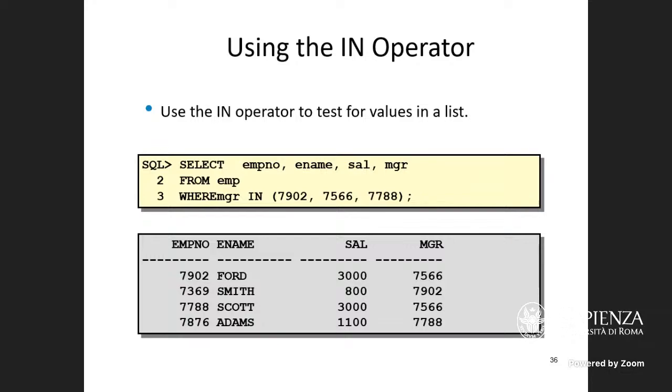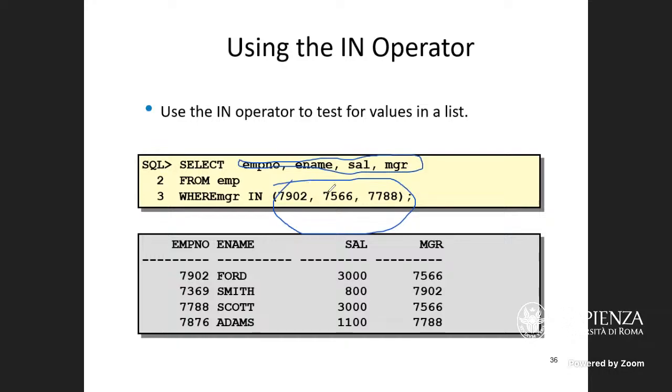Here you are selecting employee number, employee name, salary, and manager, where the manager is in this list. You understand? In this case, they are saying just these values that we have here. Let's say this is the manager ID. This is how they know, okay, this is the manager. We are saying, where any of these employees, their managers are in this.